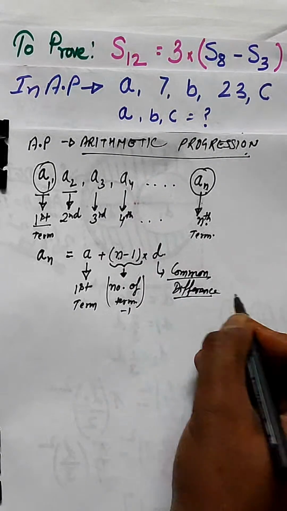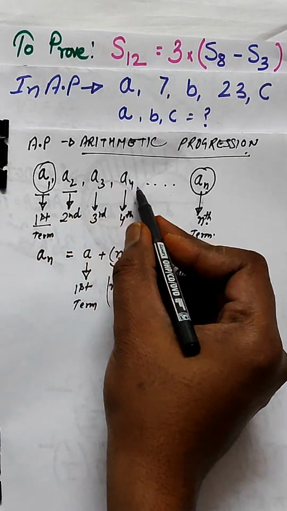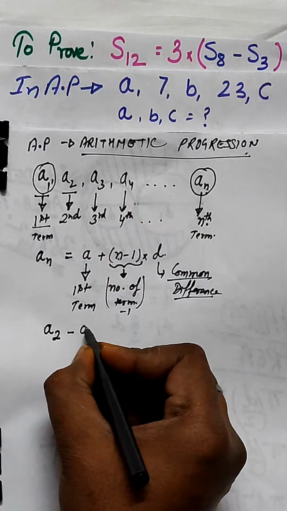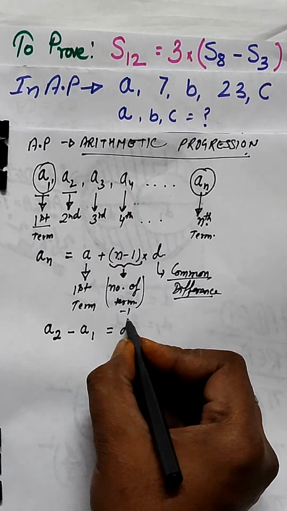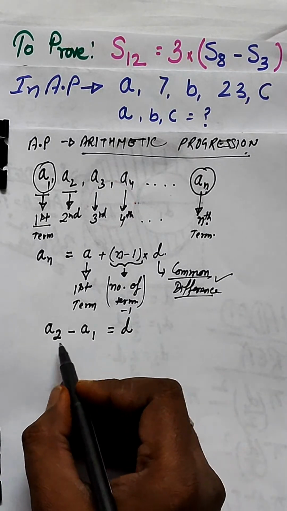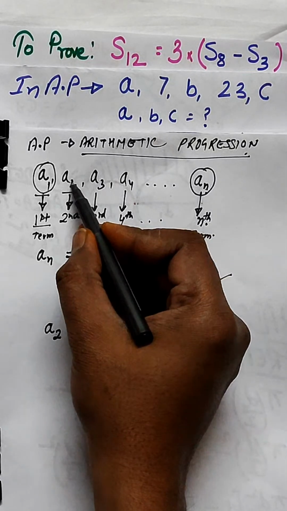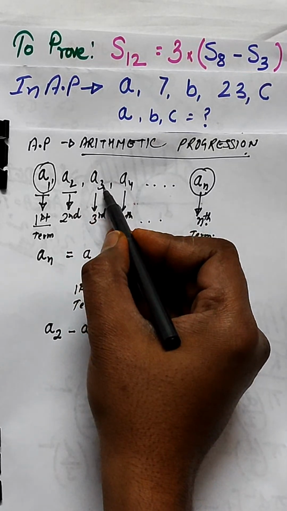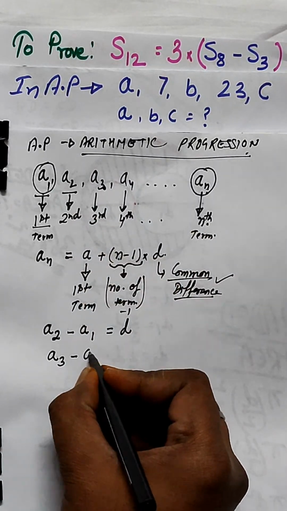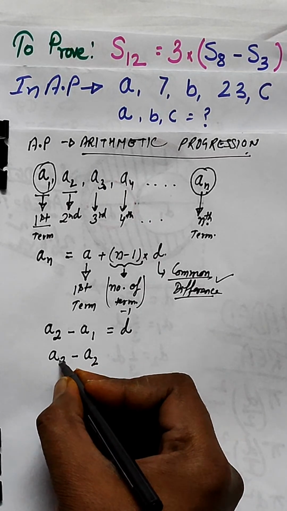So what is common difference? If the series is like this, A1, A2, A3, A4 till AN, then subtract from the second term the first term, you will get the value of D, and this is this common difference. Similarly, from the next consecutive term, if this is the second term, A2, and this is the third term, A3, then if you subtract A2 from A3, right? Mind my words.